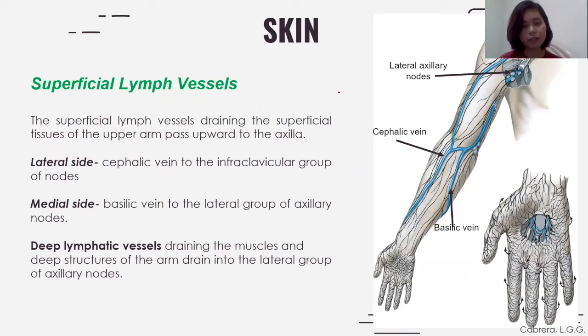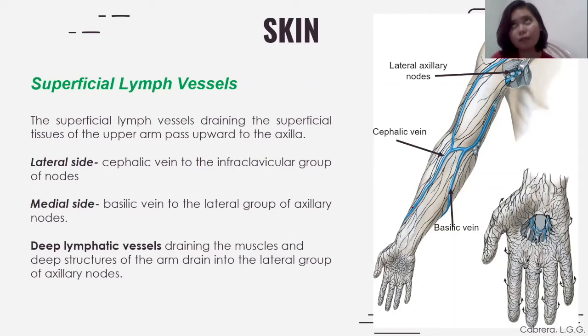For the superficial lymph vessels, the superficial lymph vessels draining the superficial tissues of the upper arm pass upward to the axilla. Those from the lateral side will follow the cephalic vein to the infraclavicular group of nodes.